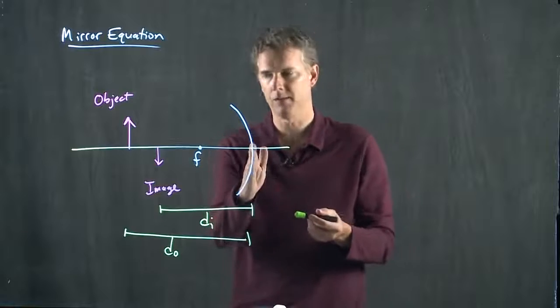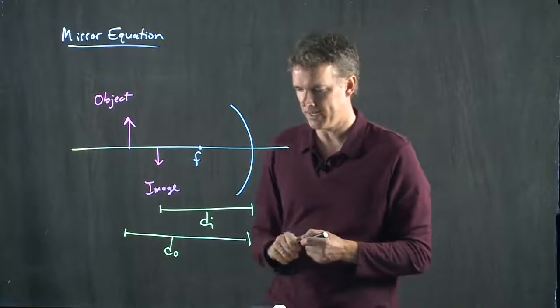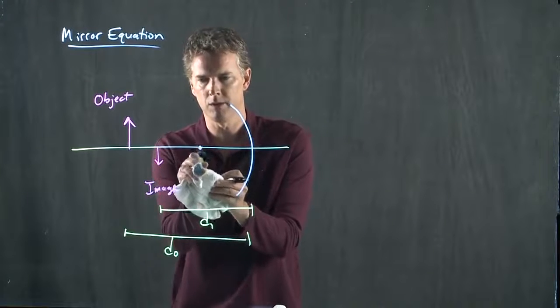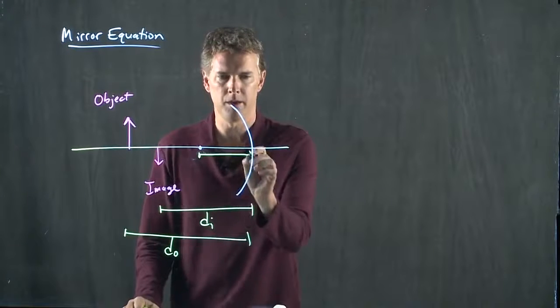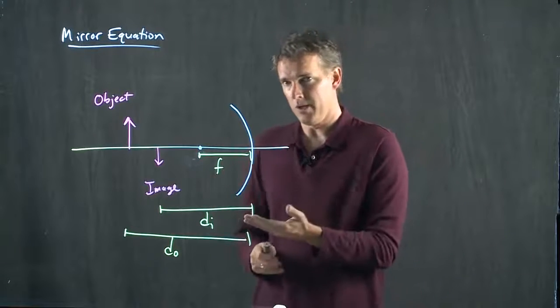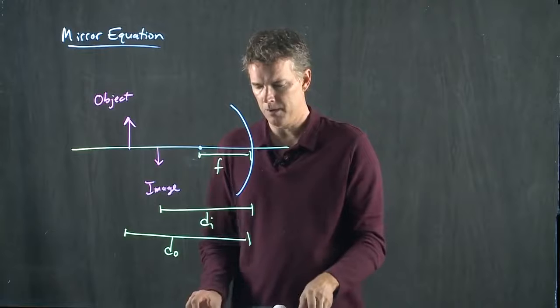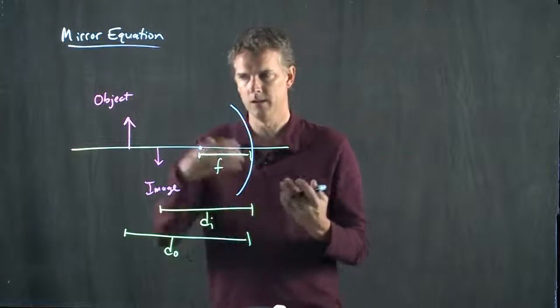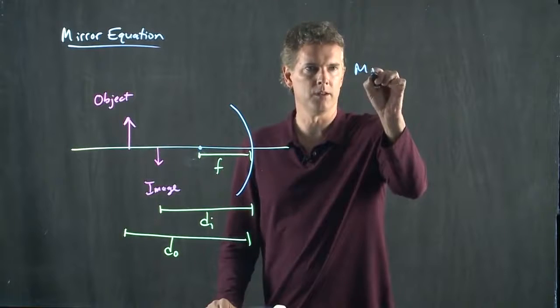Okay, from the apex of the mirror to the object, what is that distance? And then finally, we can, of course, measure the focal length, which is from there to there. So the mirror equation allows us to determine where that image is going to be located. And the mirror equation is the following.